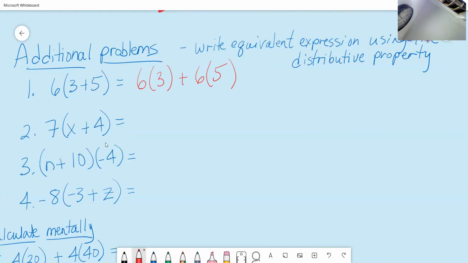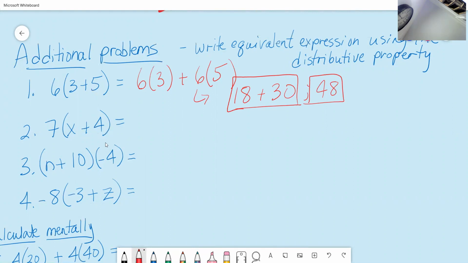And you would simplify this to, I mean, you can always solve it, but this becomes 18 plus 30, also known as 48. But right now we're just writing the expression.